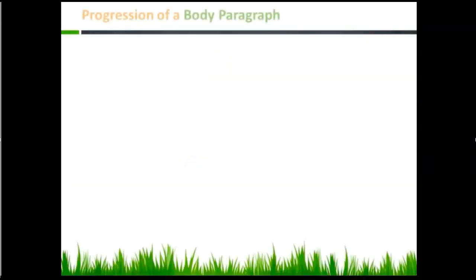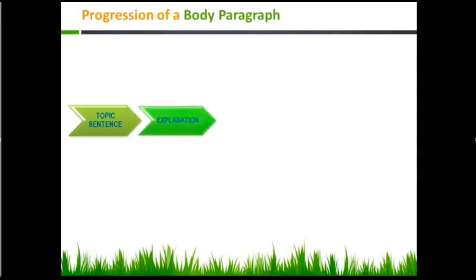The paragraph is a related group of sentences that develops one main idea. Each paragraph in the body of the essay should include these elements. Firstly, it should contain a topic sentence that clearly states the main or controlling idea. It should then contain supporting sentences to explain and develop the point that you're making. In most instances, your points should be supported by some form of evidence from your readings or examples drawn from the subject area.